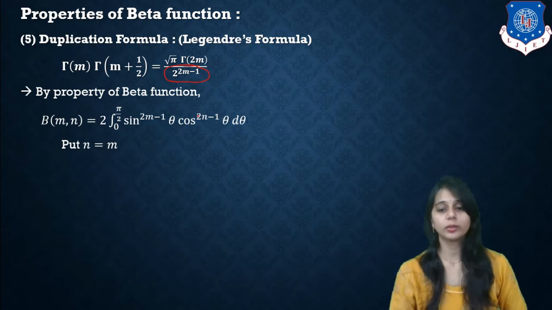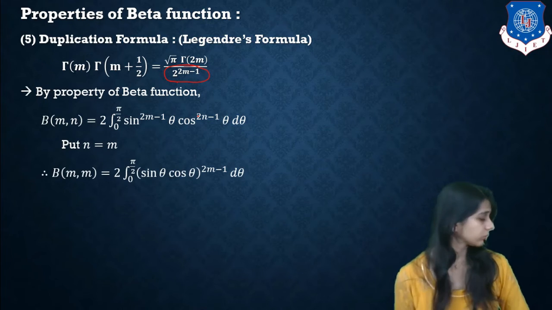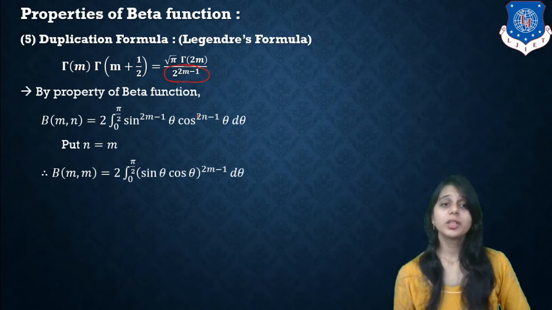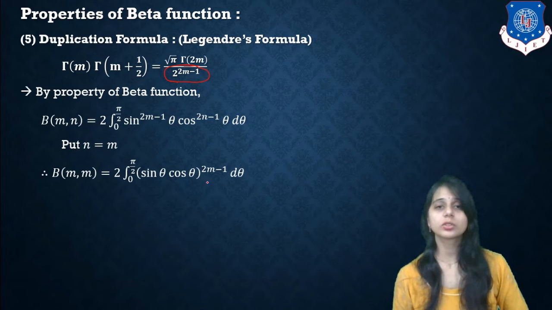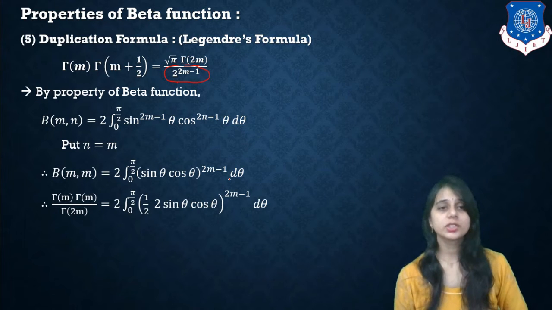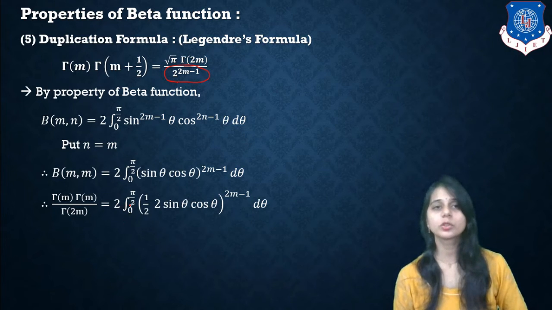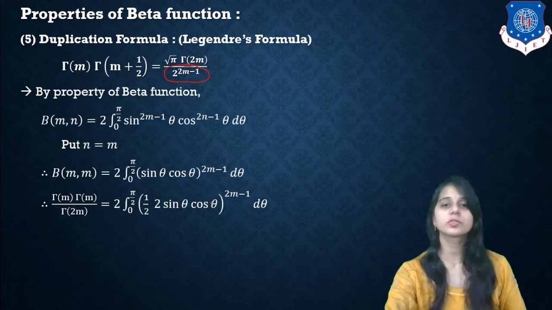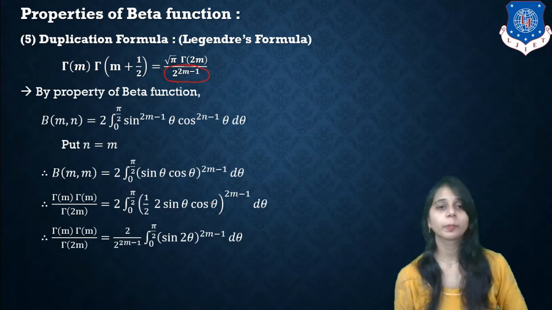Put n equal to m, beta m m equals 2 integration 0 to pi by 2 of sin theta cos theta raised to 2m minus 1 d theta. So we say that it is gamma m gamma m upon gamma 2m, equal to 2 integration 0 to pi by 2 of (1 by 2 into 2 sin theta cos theta) raised to 2m minus 1 d theta.